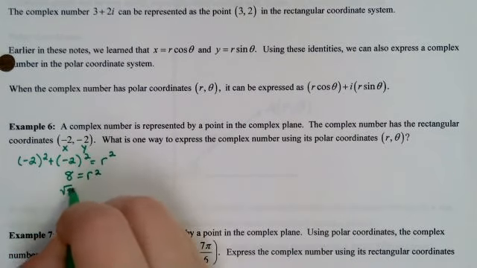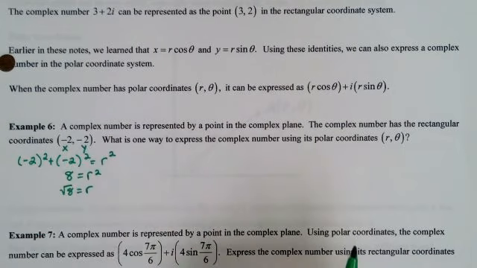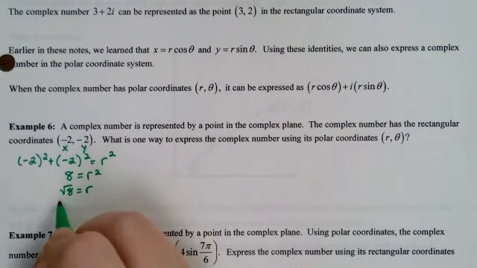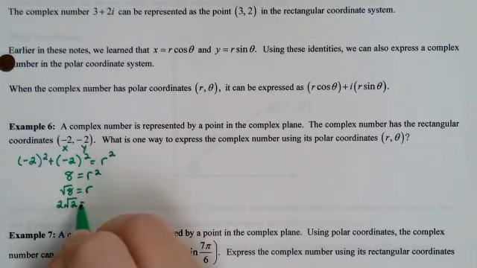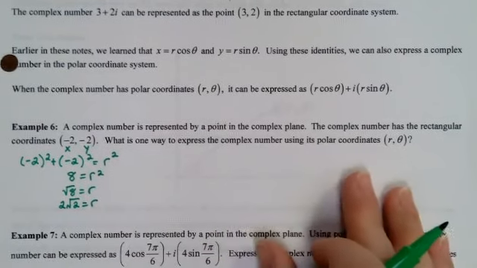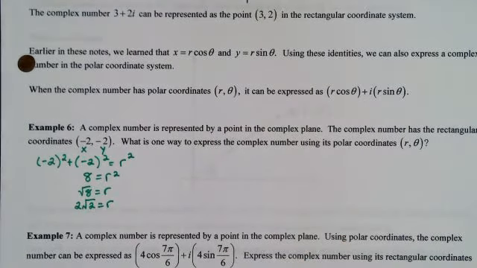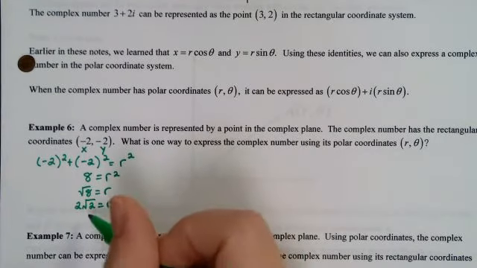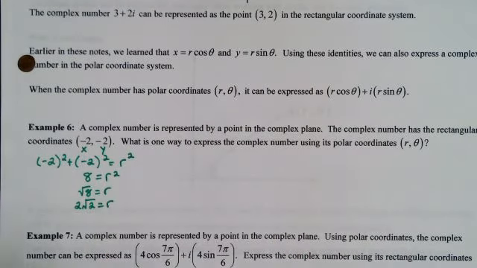The square root of 8 is r, and I could simplify that to be 2 square root of 2. Okay, so again, that's just there to give me that r value. And I do like to simplify these down because in the long run, it can make your answers nicer.